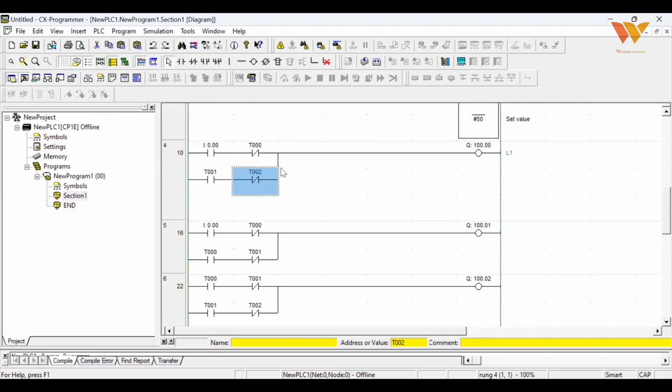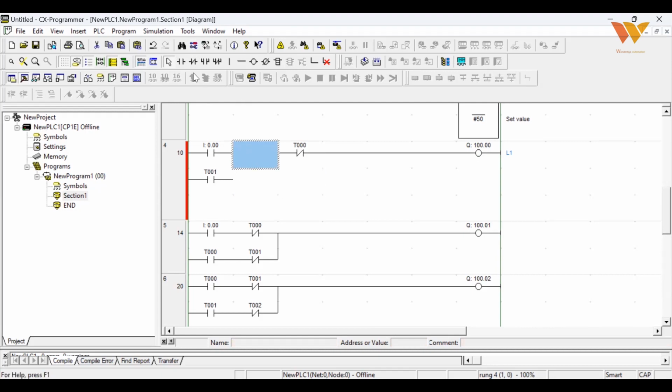Give me a minute. This parallel, where should it come? Here I have to place C0.